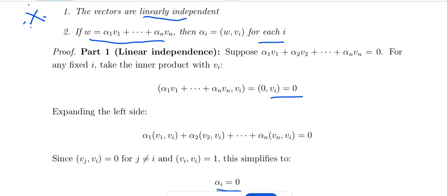So each and every alpha i we can express as the inner product of w comma vi, in the case of w equal to the linear combination.